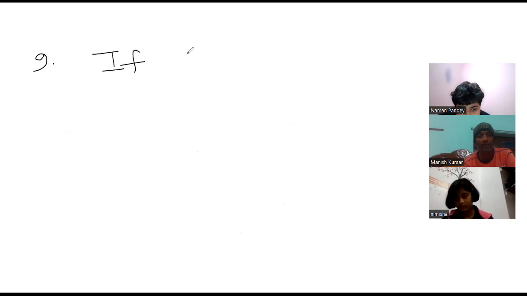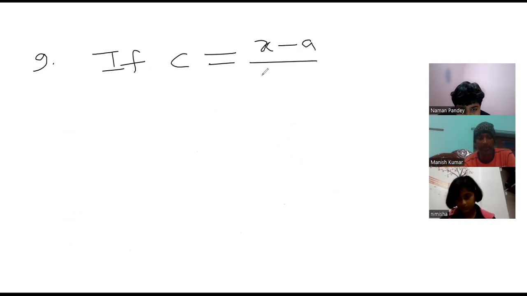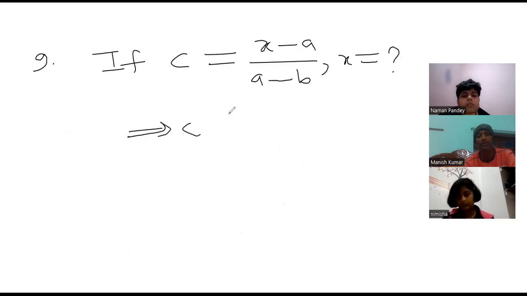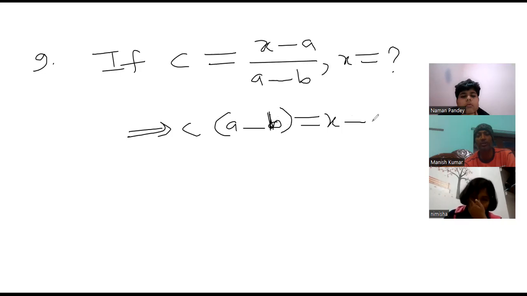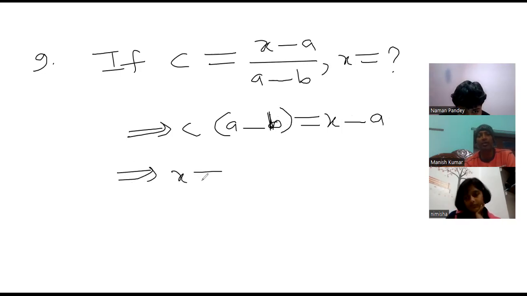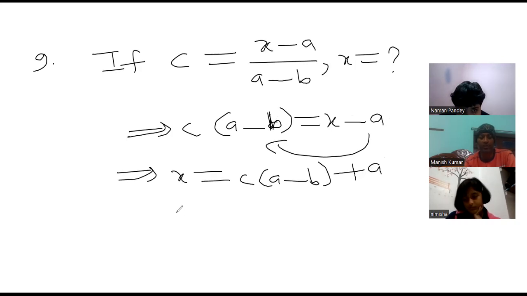No. If c equal to x minus a divided by a minus b, what is the value of x? It was so simple. Now this equation implies c into a minus b will be equal to x minus a, or we can write x equal to c into a minus b plus a, isn't it?